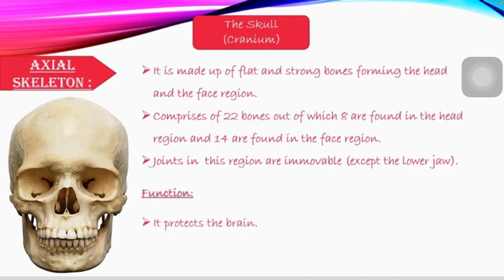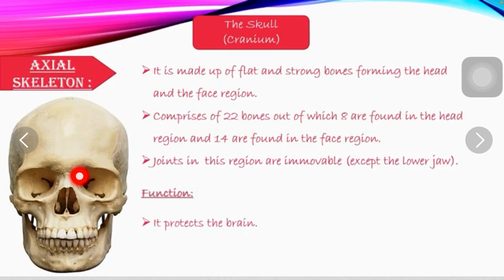Now let's begin with the axial skeleton. The first axial skeleton is the skull, that is also called the cranium. It is made up of flat and strong bones forming the head and the face region. It comprises 22 bones, out of which 8 are found in the head region and 14 are found in the face region.